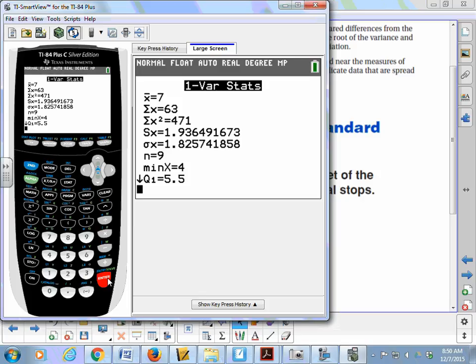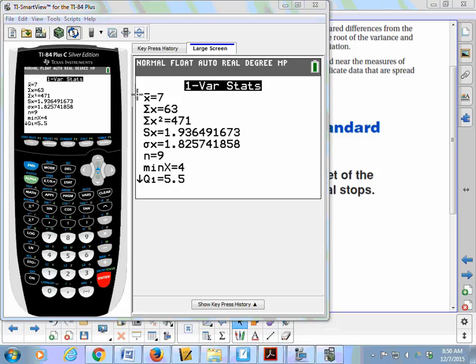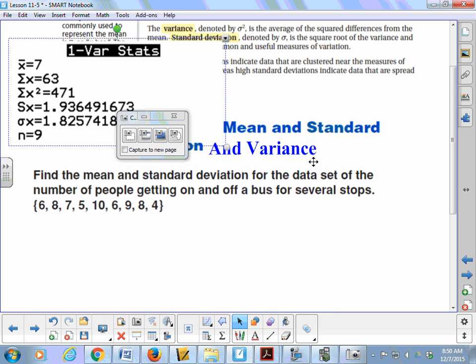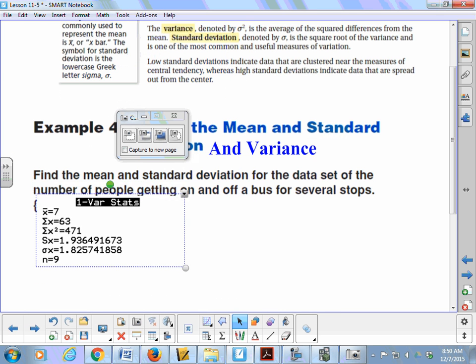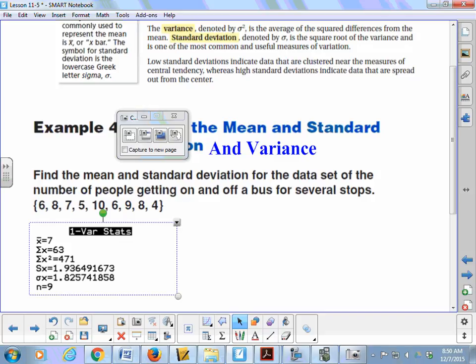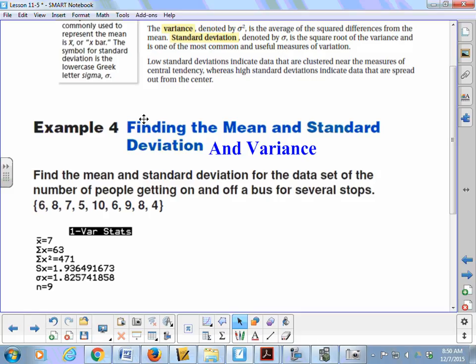So for this data we have here, they want us to find the mean, the standard deviation, and we're going to find the variance. So the mean, X bar equals 7. The standard deviation is denoted by sigma, like a little circle with a tail at the top, and that's 1.83 in this case.